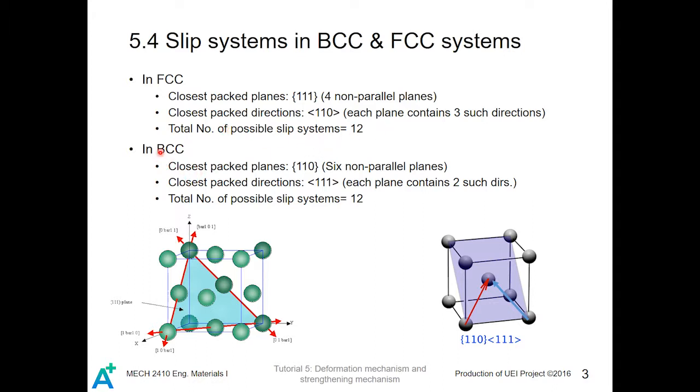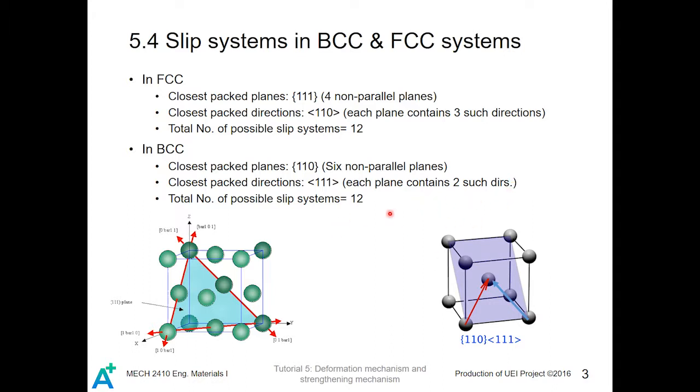In body centered cubic, we can see here in the picture on the right, the closest packed planes are {110}, and it is in the shape of a rectangle, and there are 6 non-parallel planes of 110, and the closest packed directions are the <111> family of directions, and for each 110 plane, there are only 2 such directions.